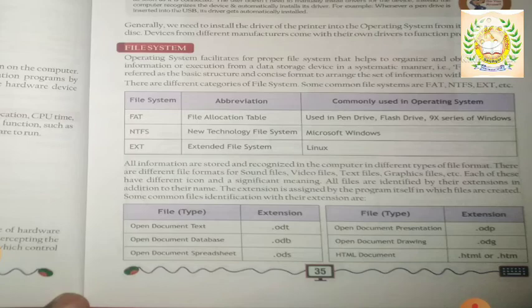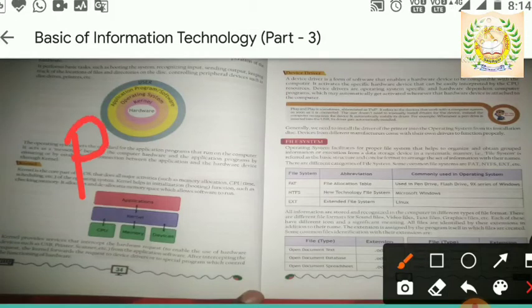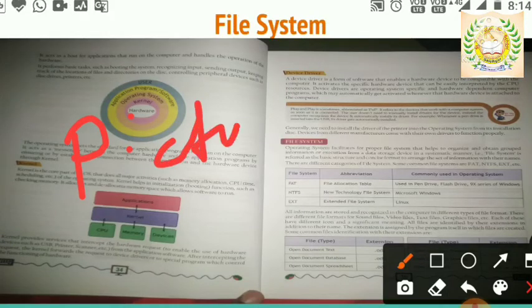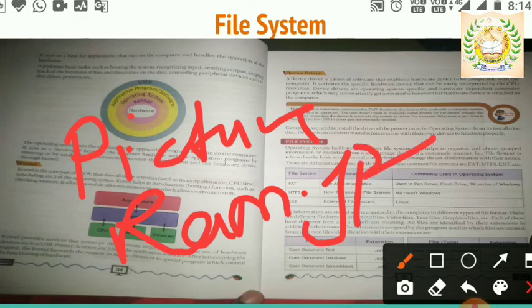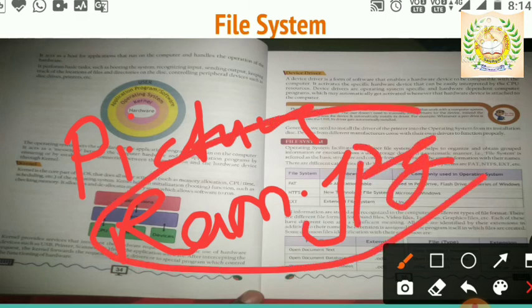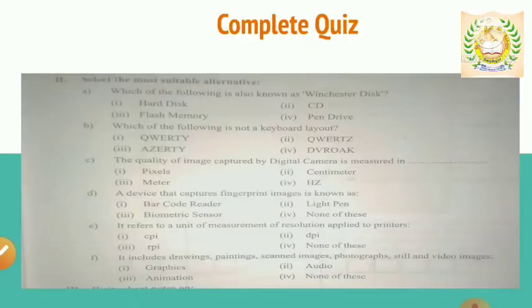OpenOffice presentation, ODP. So these are some extensions by which you understand which type a file is. For example, if asked what the extension of a picture file is, suppose the file name of the picture is RAM, then the extension is JPG. JPG is the extension of a picture file. Okay, let us understand.